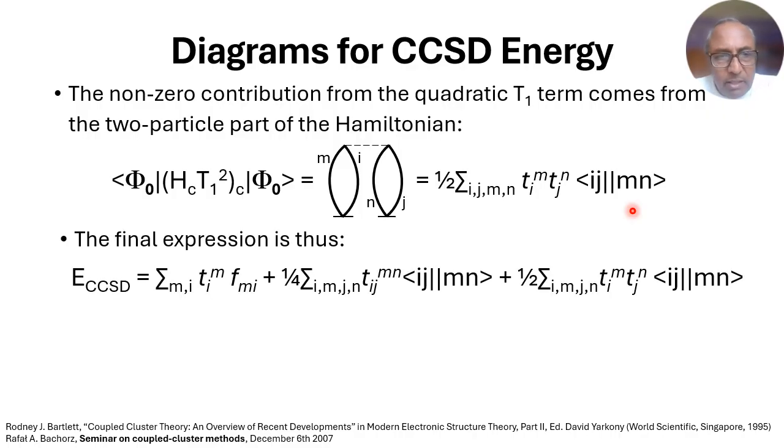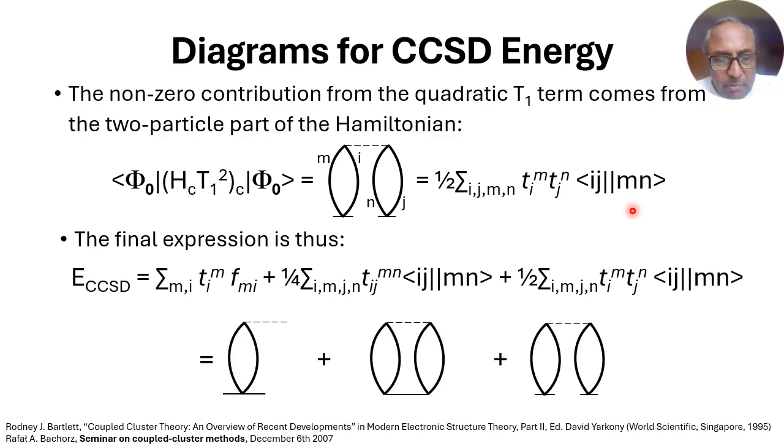Thus, the final expression for the CCSD, or coupled cluster singles and doubles energy, is given by the sum of these three diagrams. This is the term linear in T1, this is the term linear in T2, and this is the term quadratic in T1.